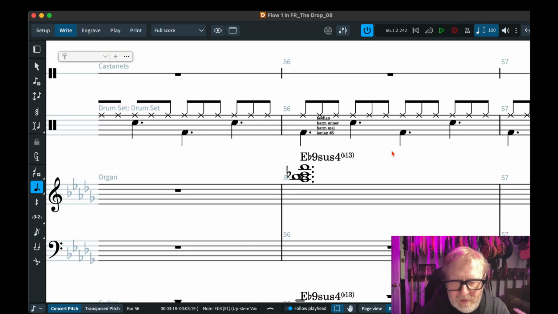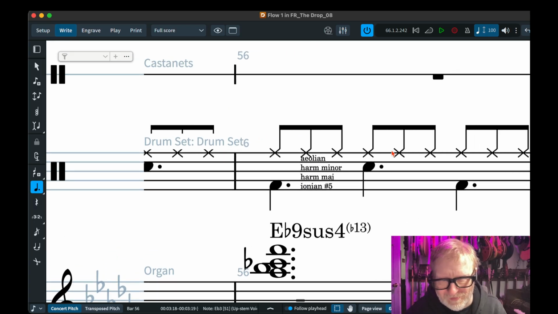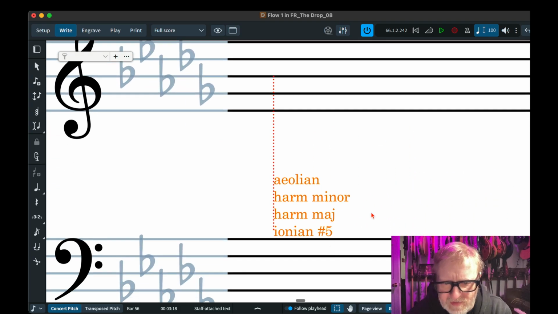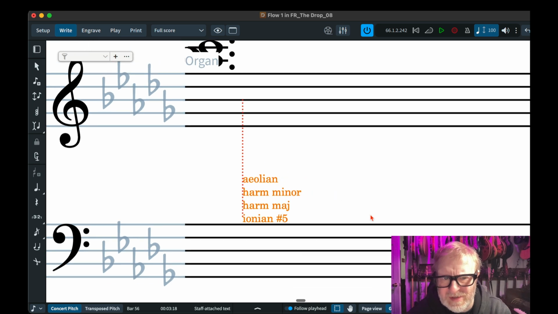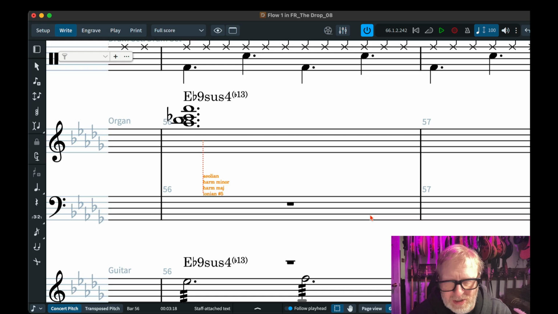And you see over this E flat here, I actually wrote out all the modes that could be used over this chord. Let's see if I can change the position of this. Zoom in here. So over this chord, we could use Aeolian, harmonic minor, harmonic major, Ionian sharp 5. So it gives the improviser, or you as a composer writing melodies, some more interesting sounds to play with and create tension and release.